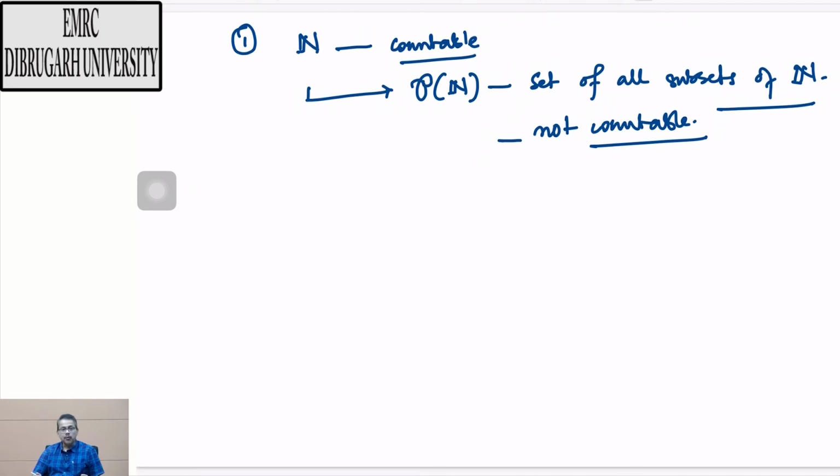Now, we work out some exercises on what we have already learnt.